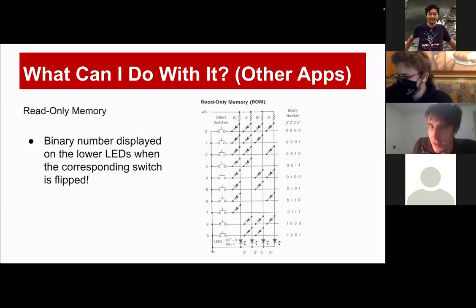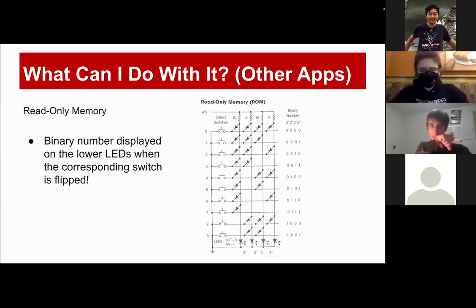So if we turn on, say, the 1 switch, what's happening is that we're going across the line. And it looks like the diodes are pulling the leftmost LED to ground, then the next LED to ground, the next LED to ground, and the first LED to high.